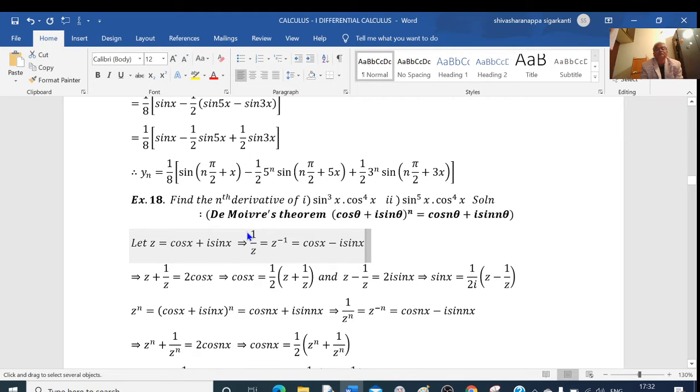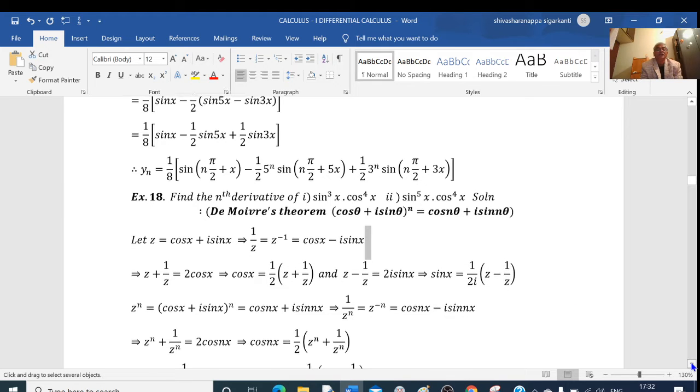Then 1 by z equals z to the power of minus 1, that is (cos x plus i sin x) to the power of minus 1. Using De Moivre's theorem, I write this as cos of minus x plus i sin of minus x. Cos of minus x is cos x itself, and sin of minus x is minus sin x. Therefore 1 by z equals cos x minus i sin x.